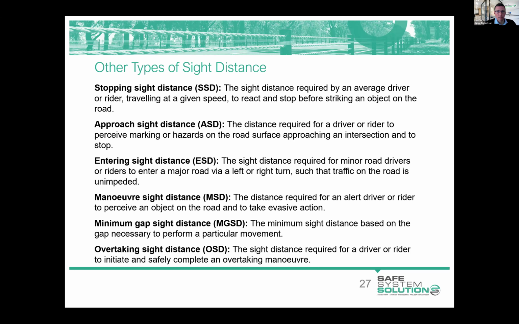So as auditors at the detailed design stage, you want to have an awareness of some of these requirements, but also when you're getting out there on site, you can put yourself in some critical positions as a driver, as a pedestrian, and think about whether you feel like you've got enough space and sight distance available to you to do what you need to do.